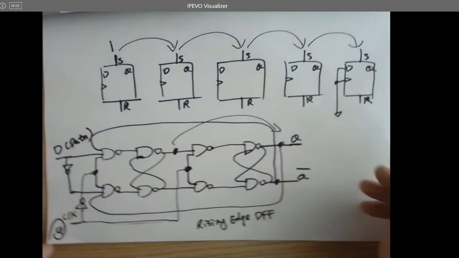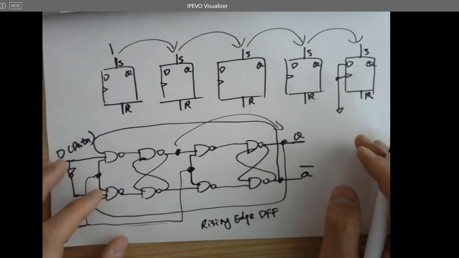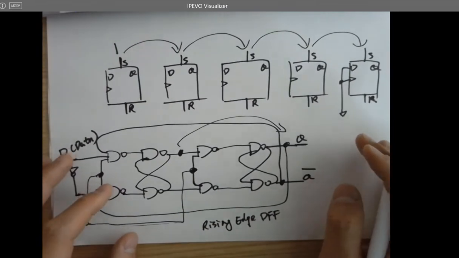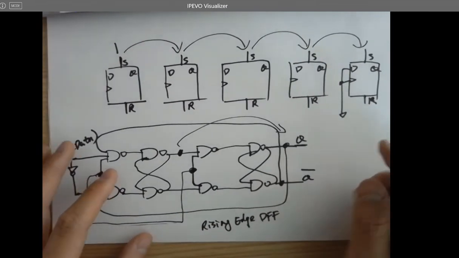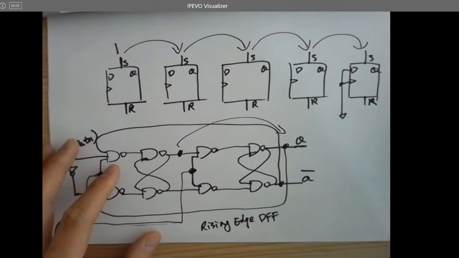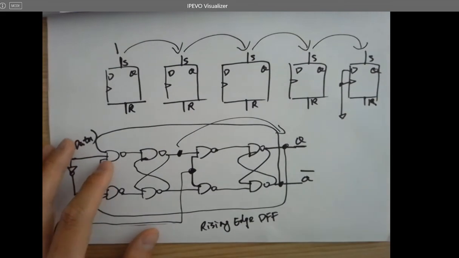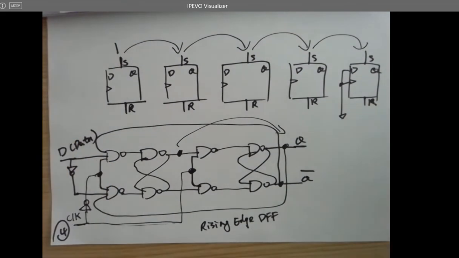All right. How can you make it happen? There are many ways, but let's do the simplest way. How? I need a logic 1 to set and reset. Both are logic 1 to trigger it. Look at the gates.